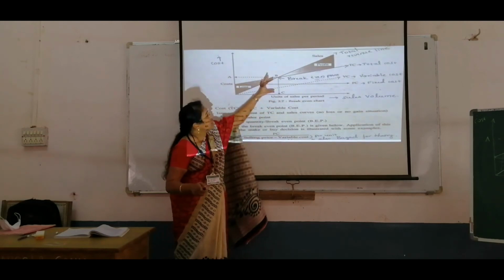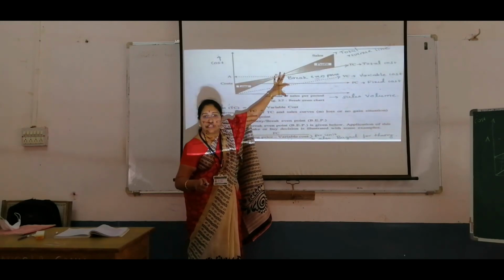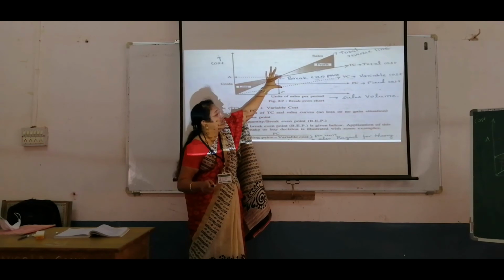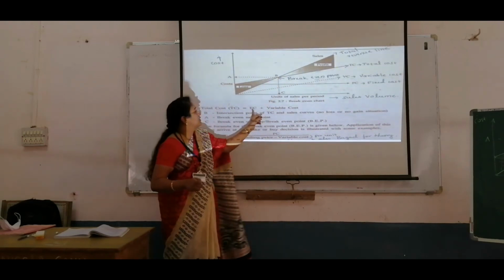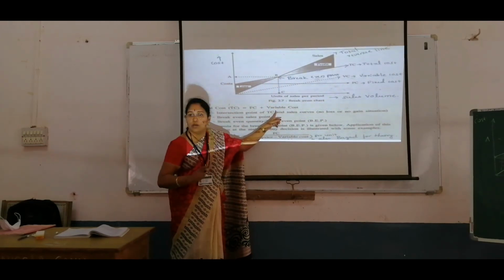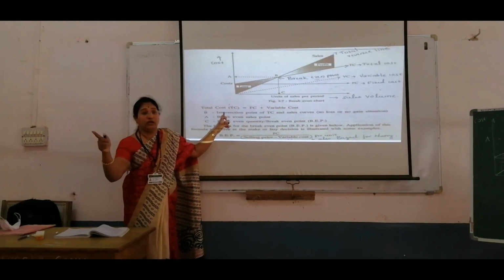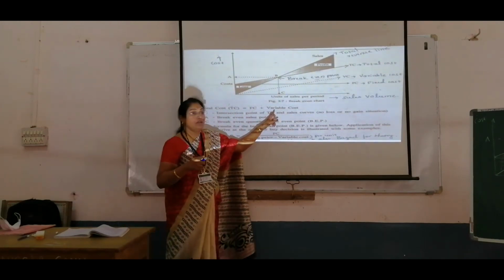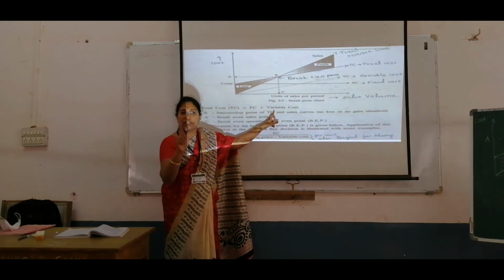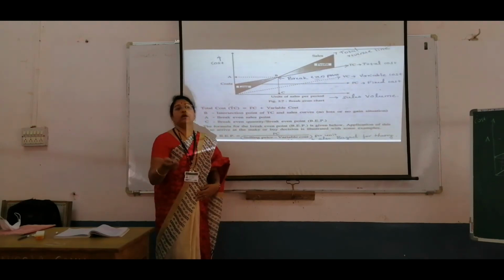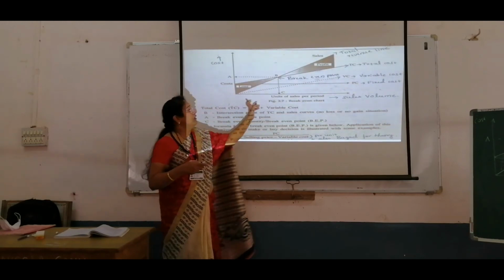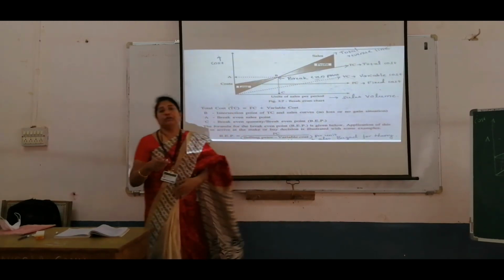Is this clear? This difference is just because of FC, fixed cost. Because it is FC plus variable cost. In this total cost how are we going to calculate? FC plus variable cost. FC is fixed cost. Variable cost varies according to the volume of the production.